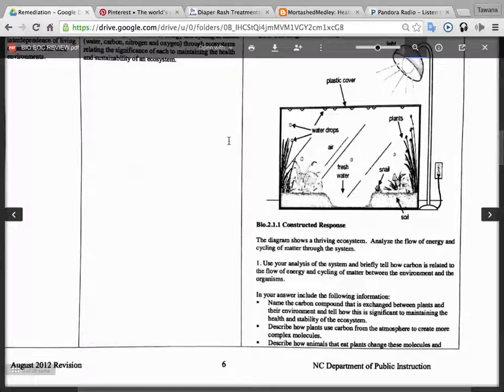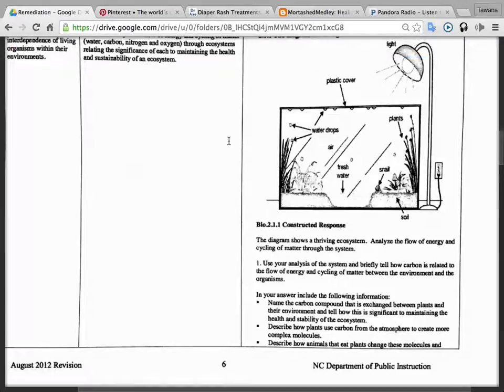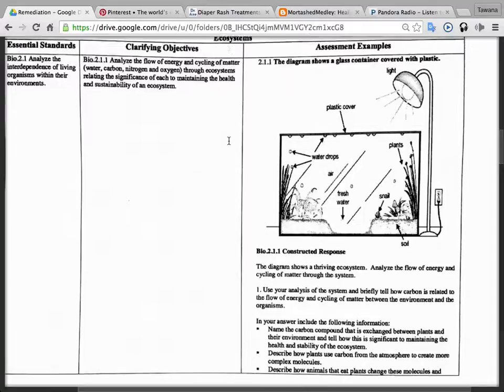Is water a product of cellular respiration? There you go. This is asking you if you understand the process of photosynthesis and do you understand the process of cellular respiration? The water cycle is also something that is demonstrated here. The nitrogen cycle is something that is also demonstrated here. Got it? Good. Moving on.